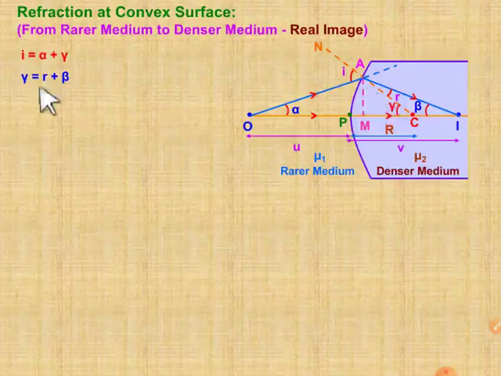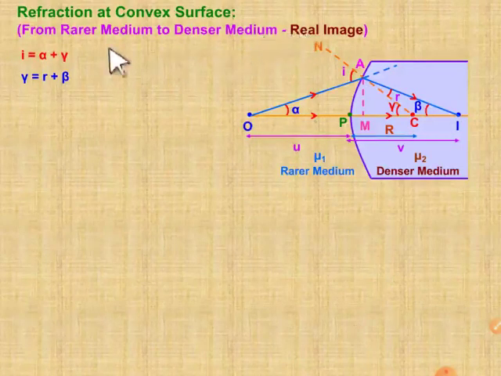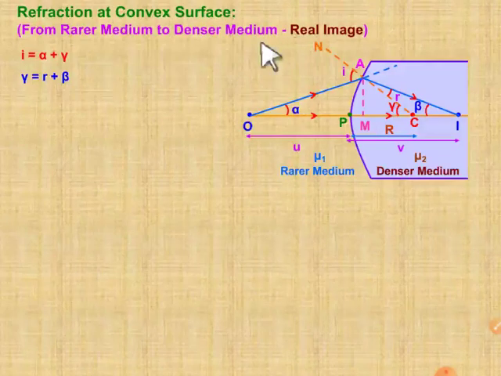The first triangle that we have taken is the one containing the object. Next, in the next triangle, you need to take the one which contains the image. This will always be there, whether it is refraction for a convex surface, rarer to denser, forming a real image or virtual image, or whether it is a concave surface, rarer to denser medium.